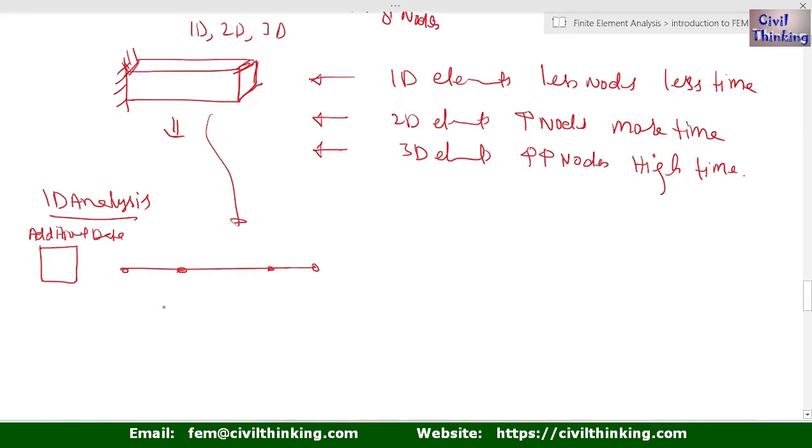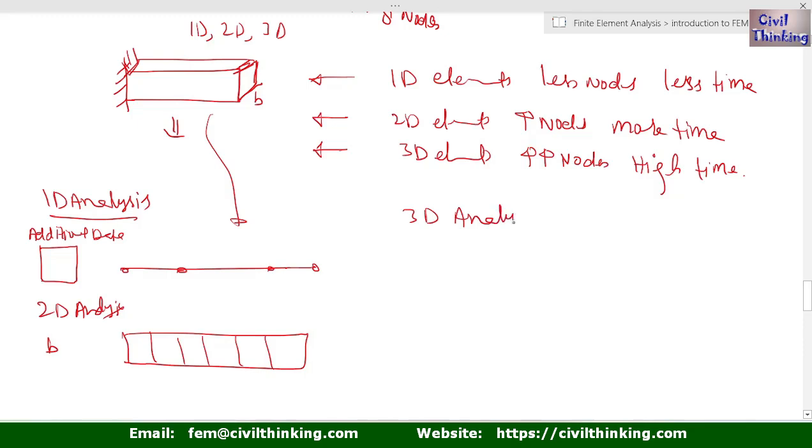Now if we talk about 2D analysis, we can represent this with the help of 2D, but what will be the additional data? The additional data will be this one, right? So let's call it width B. So the additional data will be width B. Now we can also represent it with the help of 3D analysis.